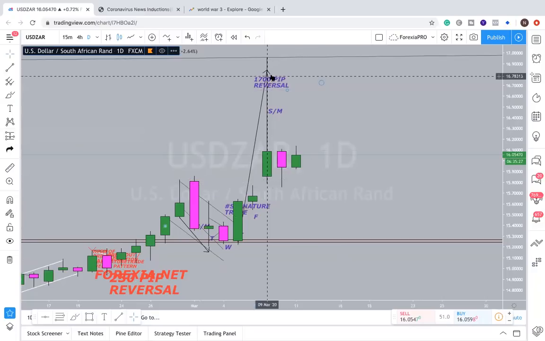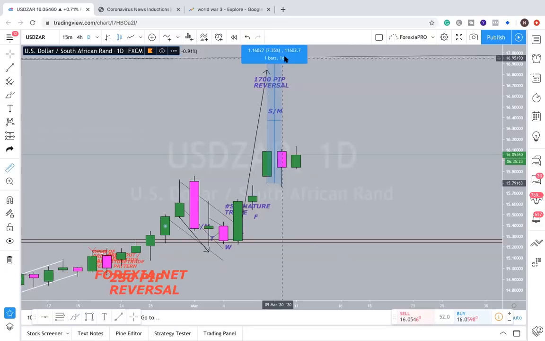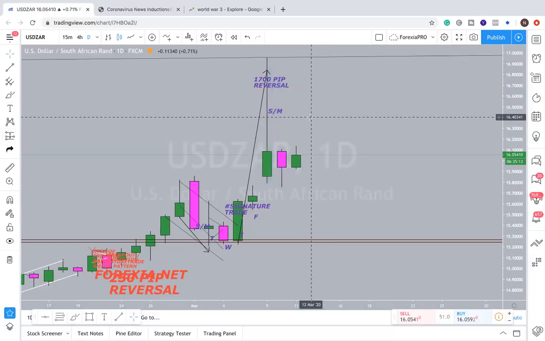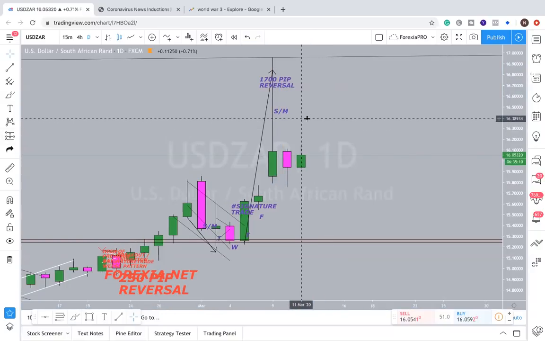Wait 1 second. 1,170 pips. One candle. That candle just so happened to be a full moon a few days ago.